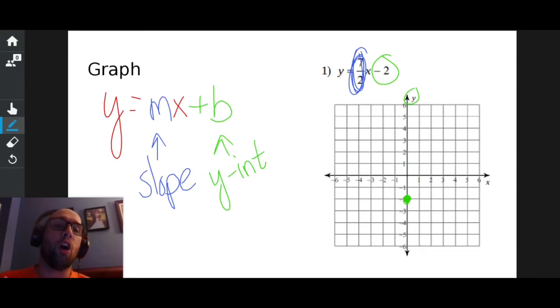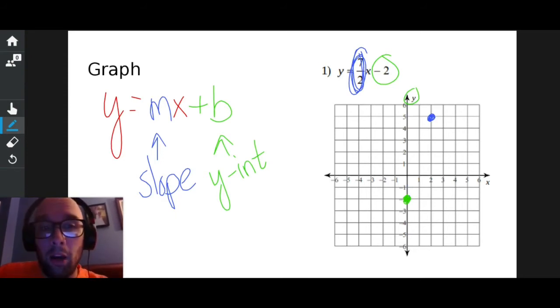Positive slopes go up and to the right. In this case, since my slope is 7 over 2, I'm going to go up 1, 2, 3, 4, 5, 6, 7, right 1, 2, and put another dot there. Okay, I can go up 1, 2, 3. Oh no, I ran out of room, so it looks like I can't go up 7 over 2 again.